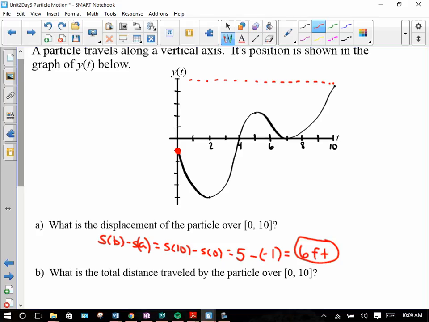So from here to here, it traveled 1, 2, 3, 4 spaces. So that's a distance of 4. From here to, let's say, here, it went up 4 and then up 3 more, which would be 7. Then we have from here to here.